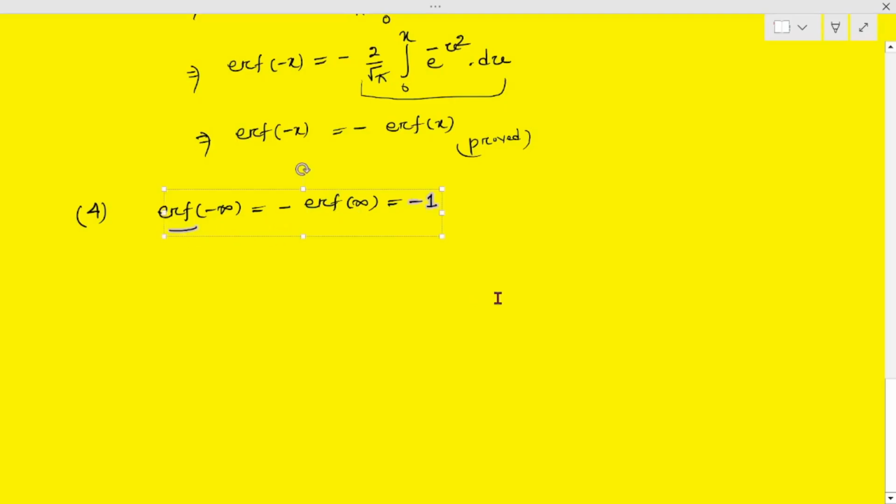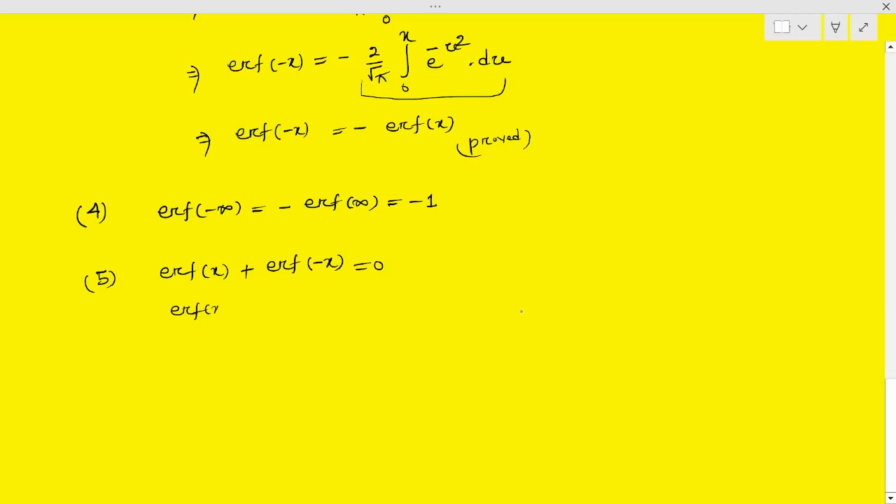Now the fifth characteristic or property: error function of x plus error function of minus x equal to 0. Obviously, how is it? Here you can see it is a one step proof.